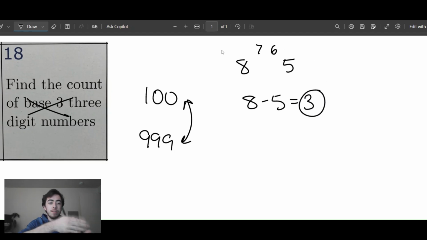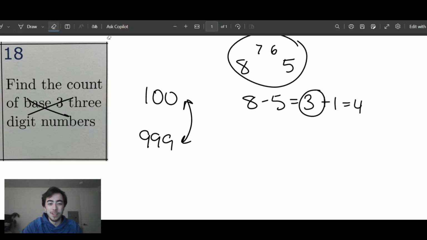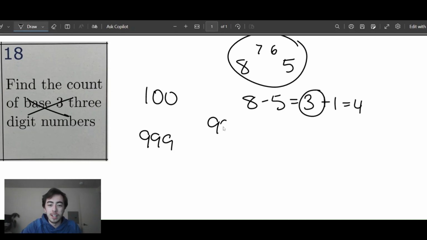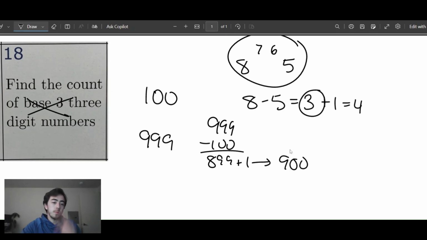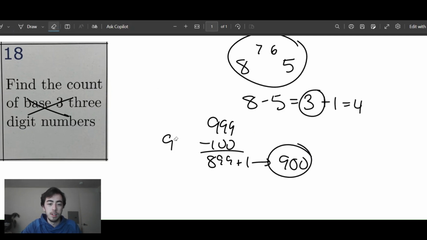So if you want to figure out all the numbers between two bookends, just make sure to add 1 at the very end to get the real count. So anyways, we're going to have 999 minus 100 equals 899, but then add the 1.